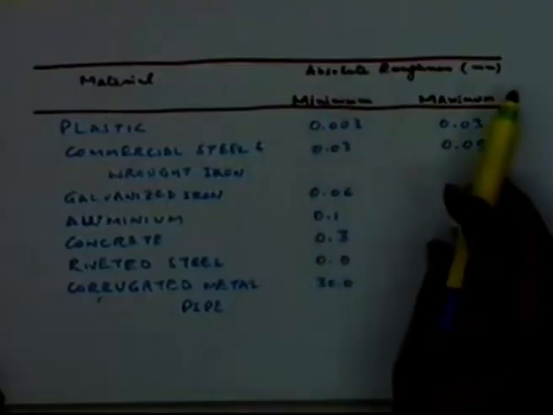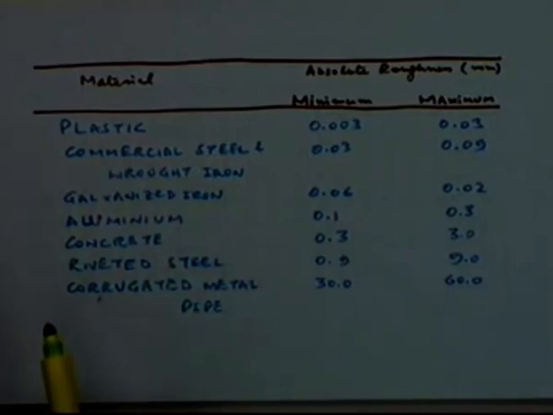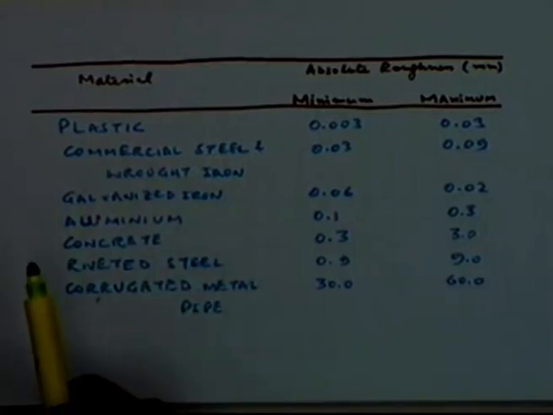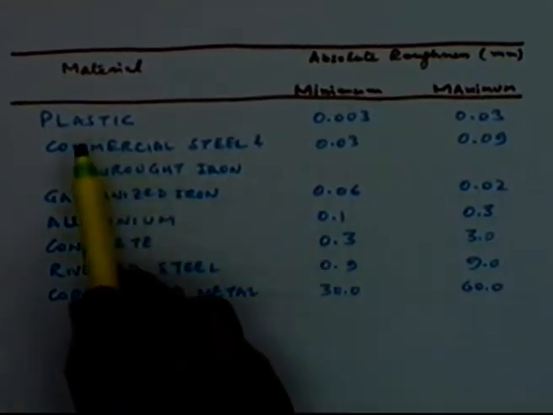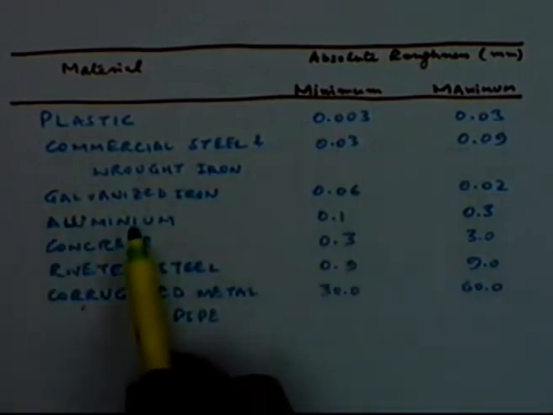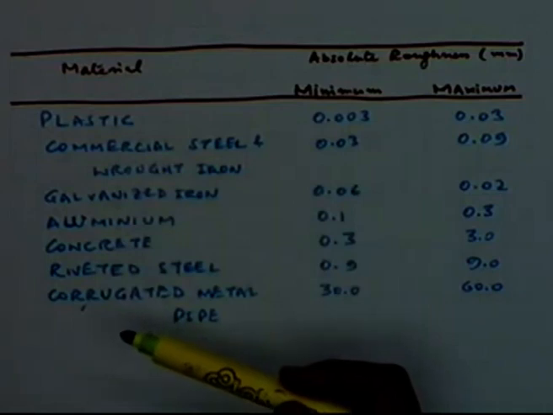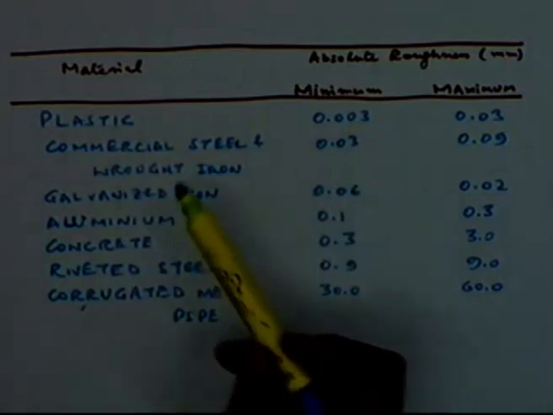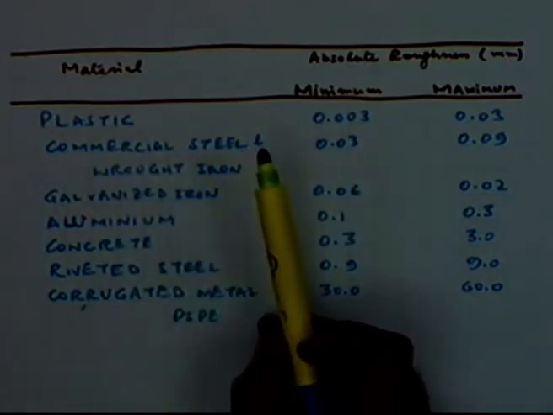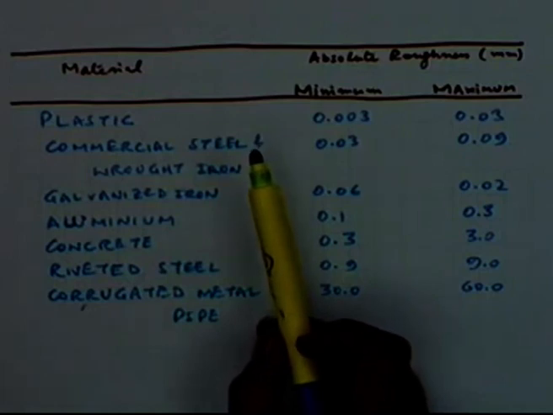In literature, you will find that the value of the absolute roughness for different types of materials is available. These are some of the materials which are normally used for the drip irrigation system network.